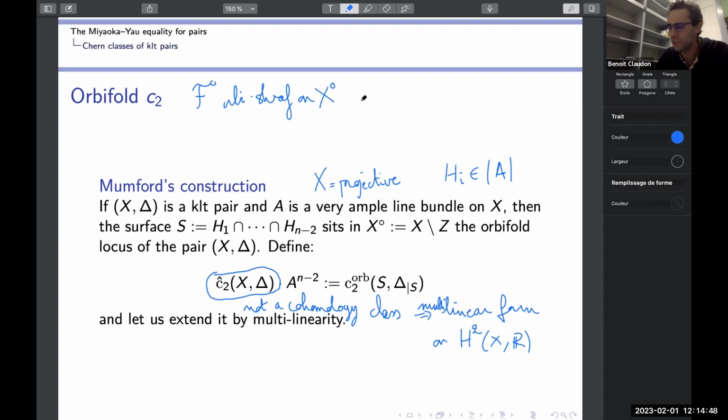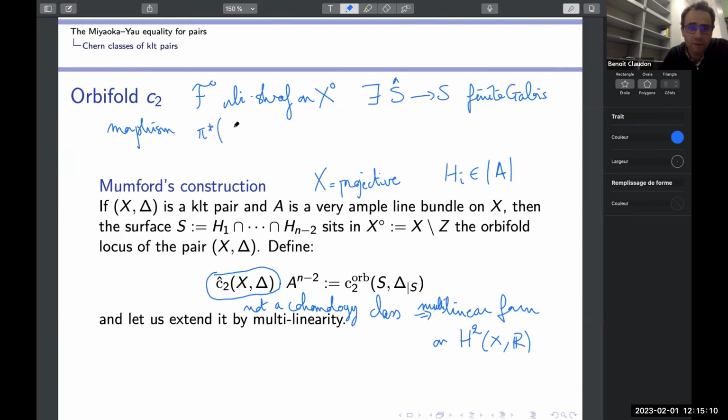then what Mumford did is that we can find S hat to S, a finite Galois morphism, such that the pullback of this guy restricted to S, so you take the reflexive pullback, is locally free.